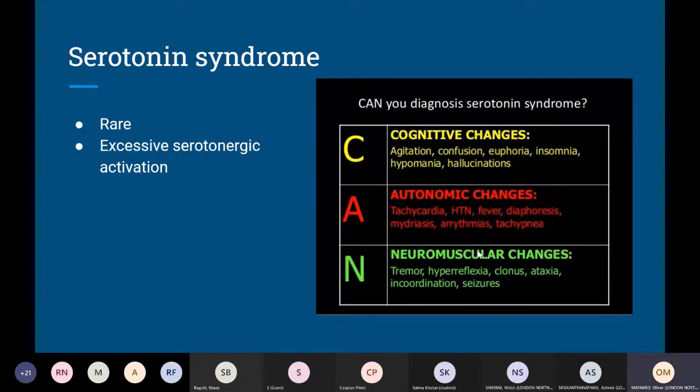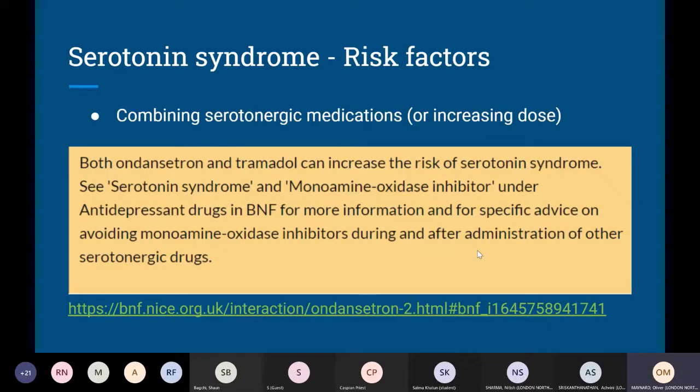The reason why I thought this patient might be suffering from serotonin syndrome is that he is on 2 serotonergic medications, both ondansetron and tramadol. He's on the maximum dose of both of them and is receiving TDS tramadol and I think TDS ondansetron as well. So both of which can increase the risk of serotonin syndrome.